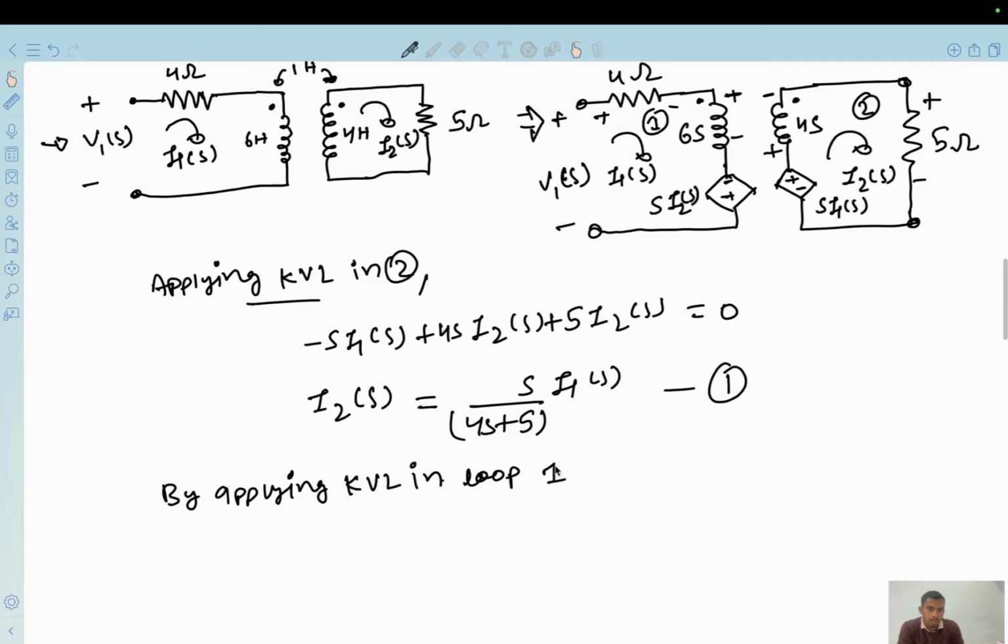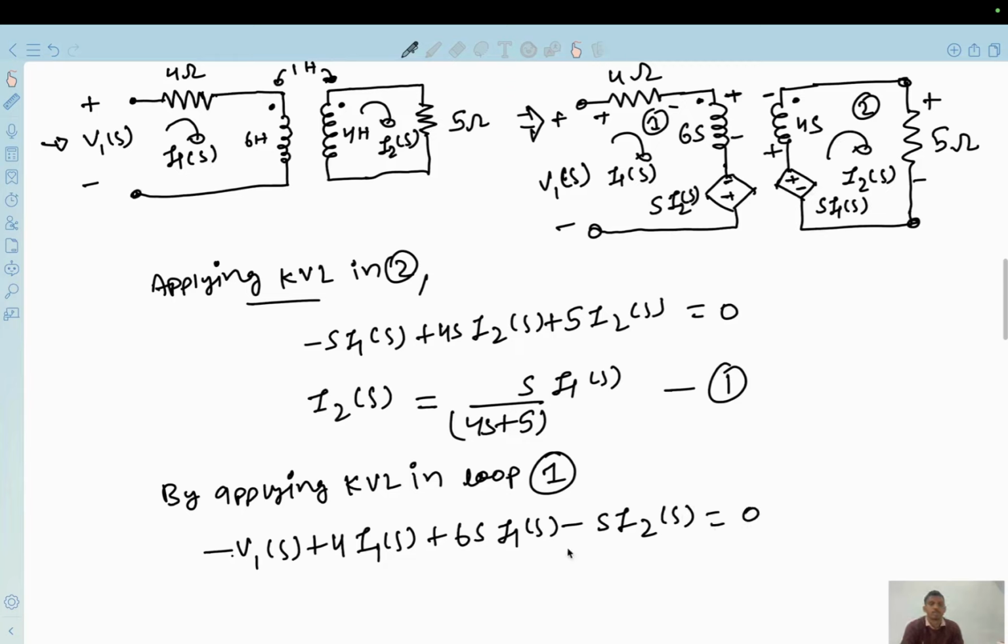And now, by applying KVL in loop 1, what will be the KVL equation? Minus V1S plus 4 I1S plus 6S I1S minus S I2S equals 0.